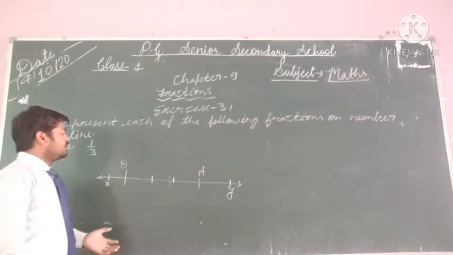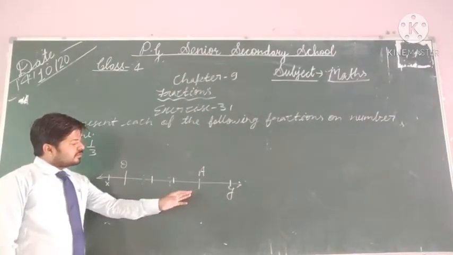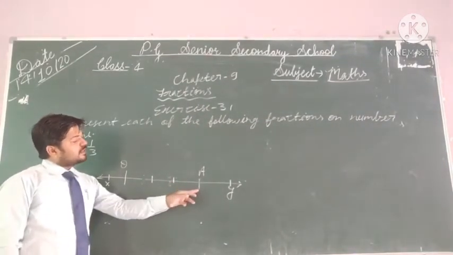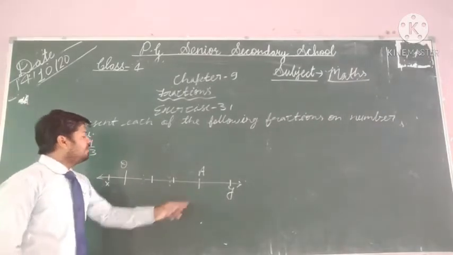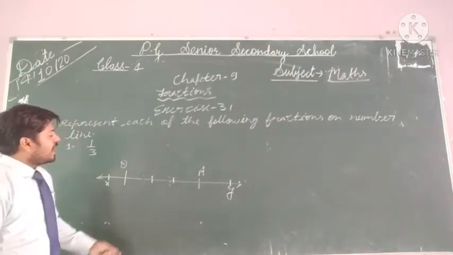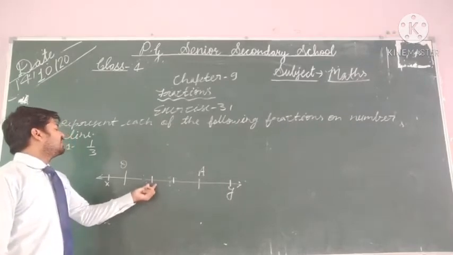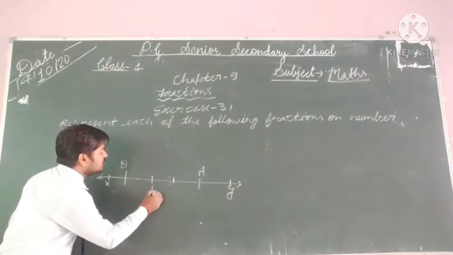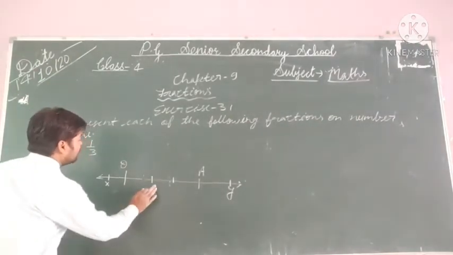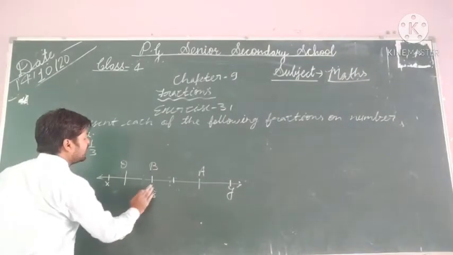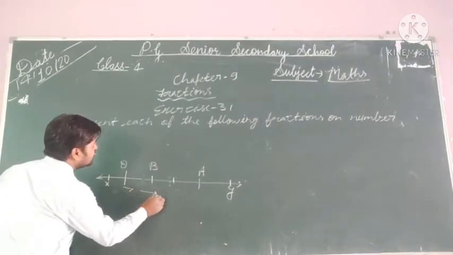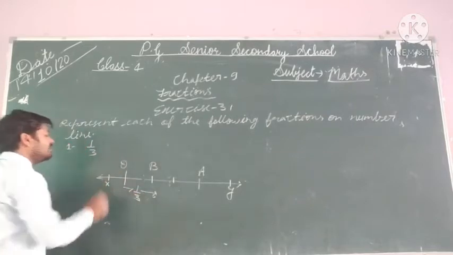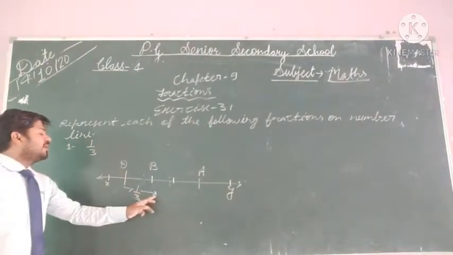So you have to count from here: 1, 2, 3. So the denominator will be 3 and the numerator will be 1. So 1 by 3 is this portion. Here you have to write a point. OB represents 1 by 3.